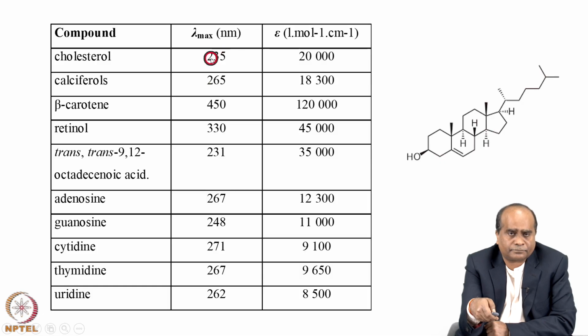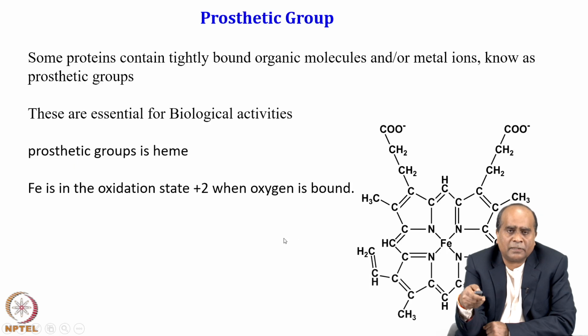This again has a UV visible signature at 235, calciferol, beta carotene, retinol found in the eye again absorbs at 330, then octadecanoic acid, all the bases ATGC, all of them around 260 and they have different molar extinction coefficients. See, these two have two rings, right. So, their molar extinction coefficient is higher than those which have one ring.